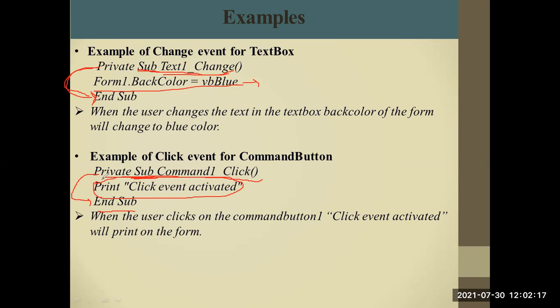So we can easily understand what happens here: the click event is activated, and the event handler is displaying the message that the click event is activated. Right? Let's see some more examples.